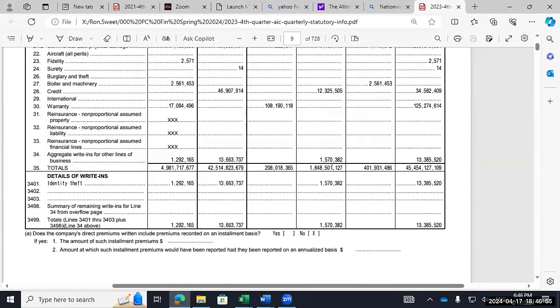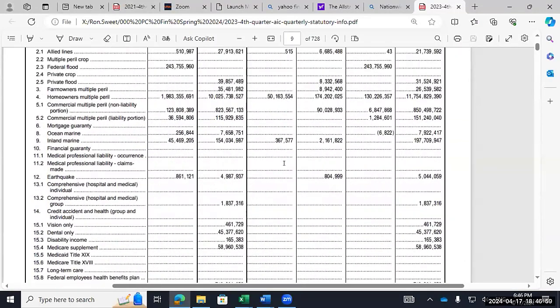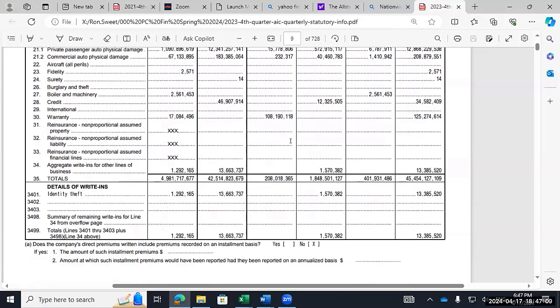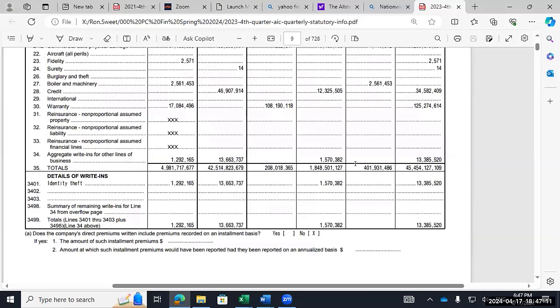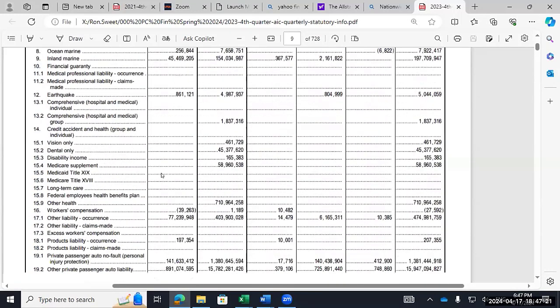So if we look at the bottom line, oh, well, forget it, because they're doing this with affiliates, so that messes everything up. But non-affiliates is what we should focus on. So it's 208 versus 401, so it is much larger on the ceded side. Who knows what they're doing on the affiliate side? That's interesting.